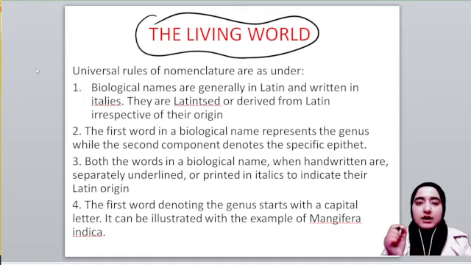For example, if I'm writing a biological name on my PC, I will give the name the italic font, not the whole text, but particularly the biological name. And if the names are not Latin, we will Latinize them.